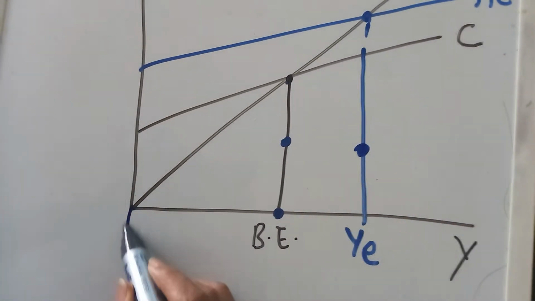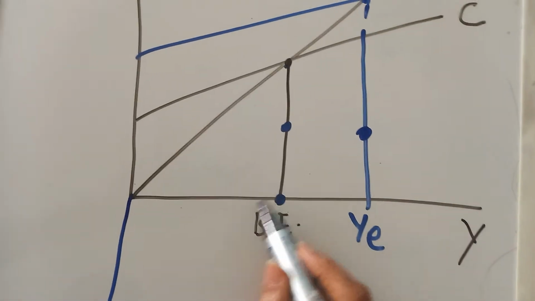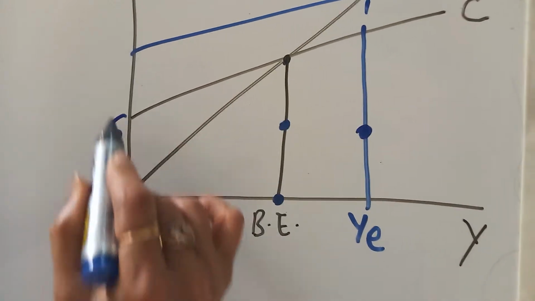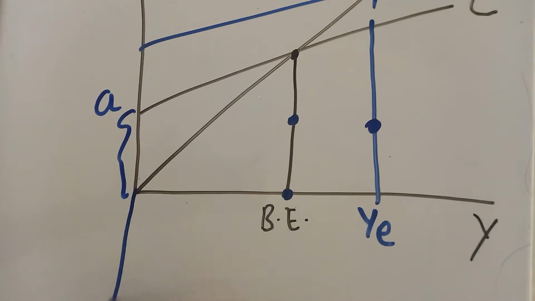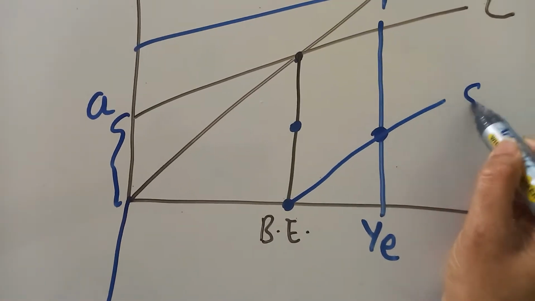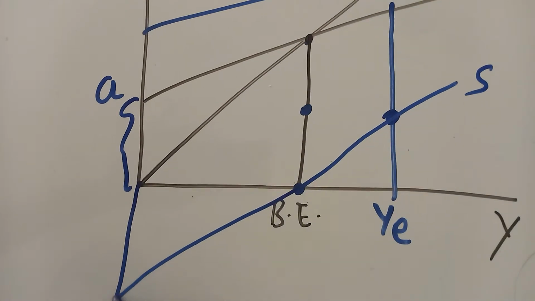And if you can recollect, savings at the start, because of the autonomous consumption, are negative, and all you're doing is drawing another line here for savings and ensuring that these two conditions are met.